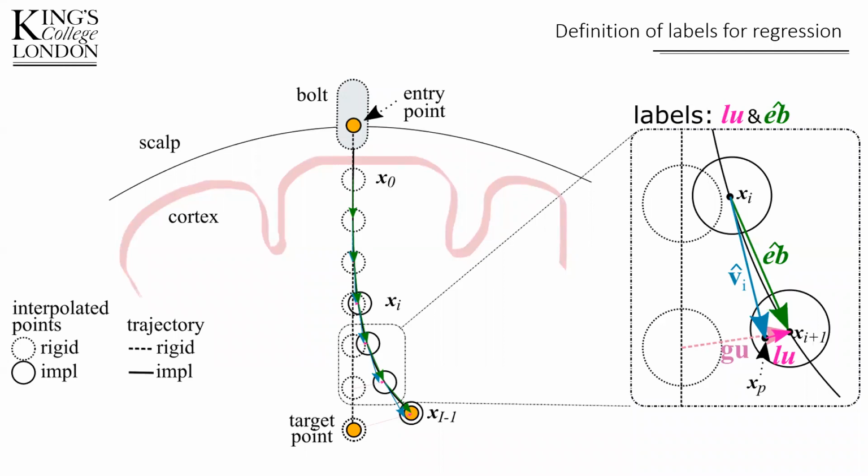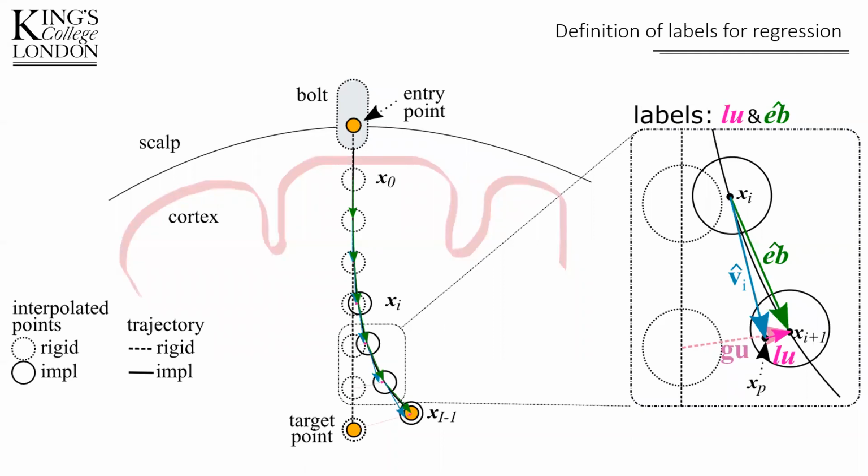We illustrate an implanted electrode to define levels of regression. First, we define electrode direction, VI, as the unit vector projected from the previous two contiguous interpolated points onto XP. Next, we define electrode bending, EB, as a unit vector from XI to the next interpolated point.